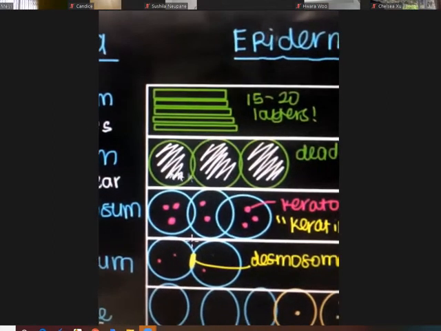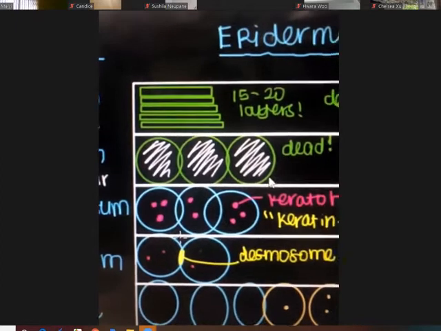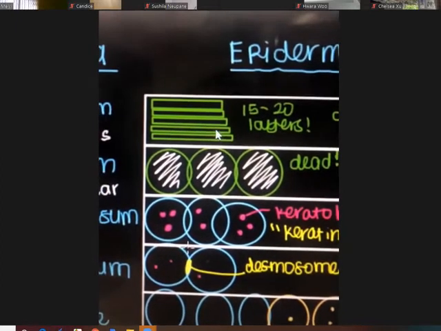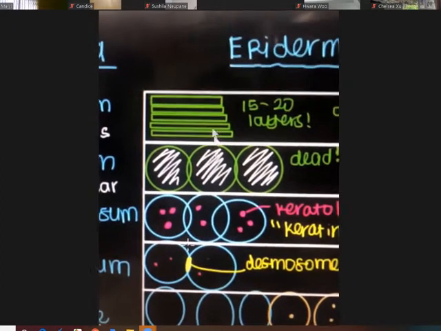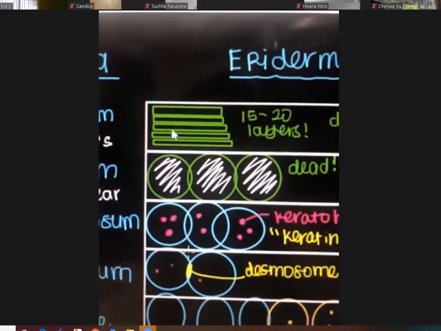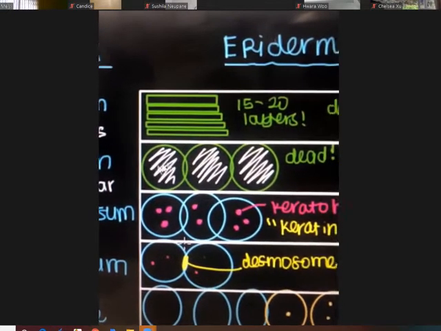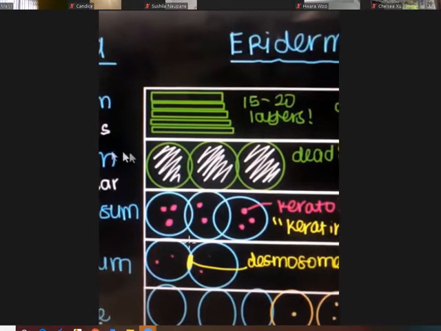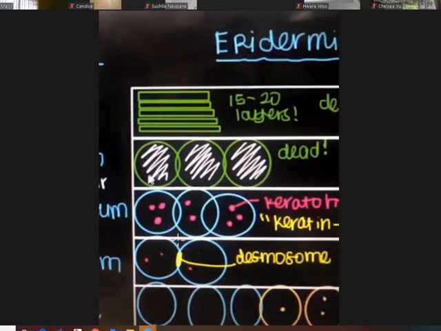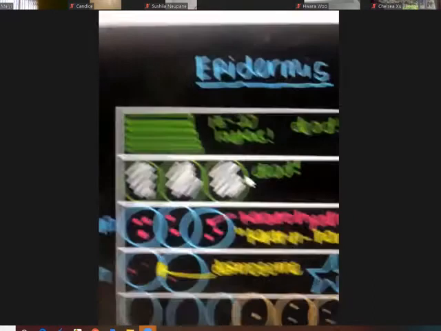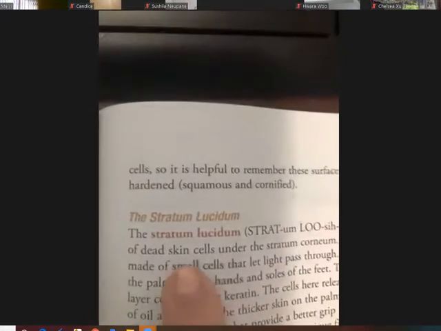Is because it's also dead cells, but it becomes clear. It hasn't dried up yet. 它还没有干掉，第一层已经就是干掉死皮了，这个还没有干掉，所以它为什么会透明？Because it hasn't dried up totally. That's why it's still clear. Okay, so the stratum lucidum is a thin, clear layer of dead skin.